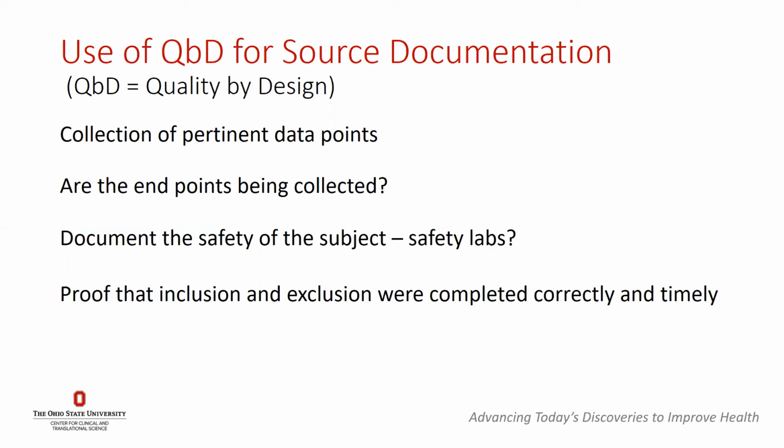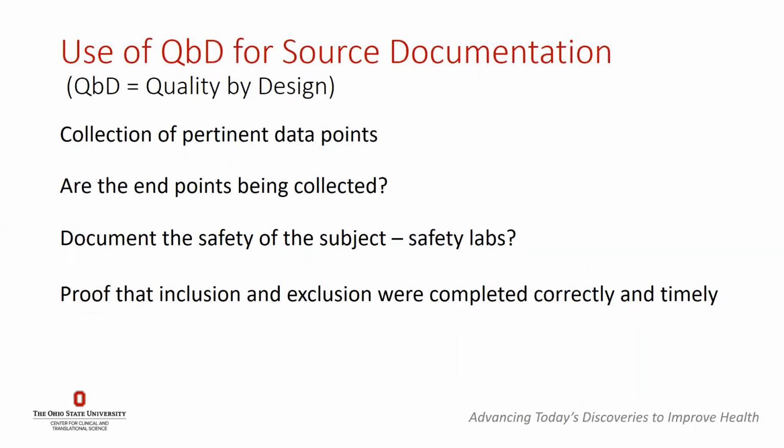Also, make sure that you have something at your visits about your safety labs. So often with your studies, and this was especially true for the pediatric population, there might be 10 different labs that they would want done.